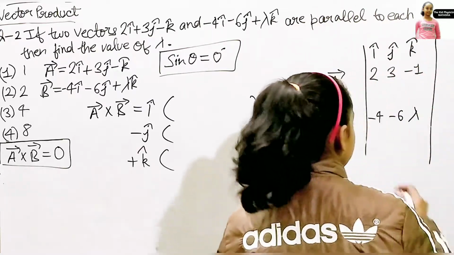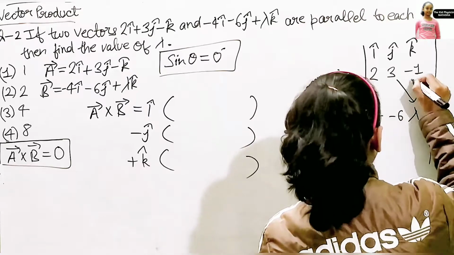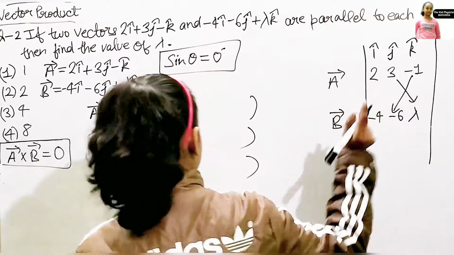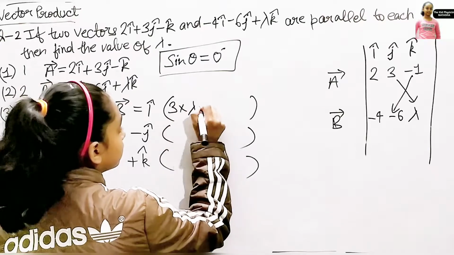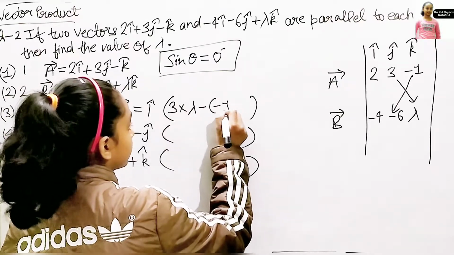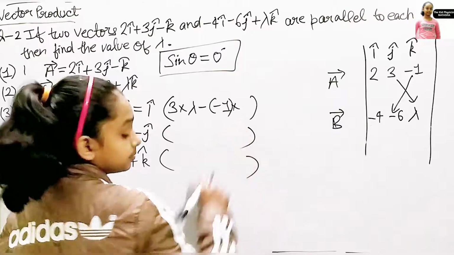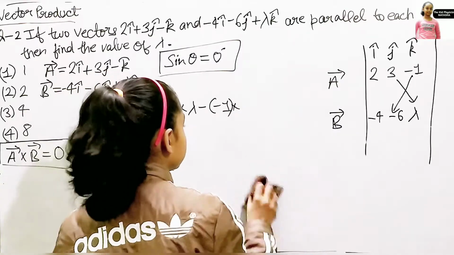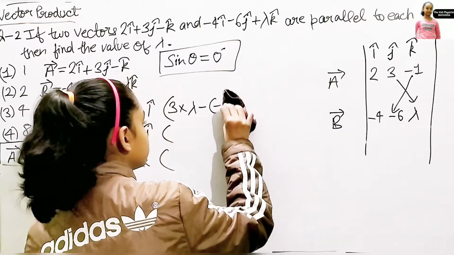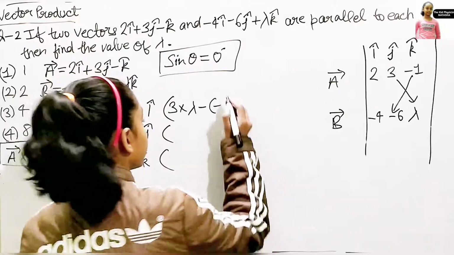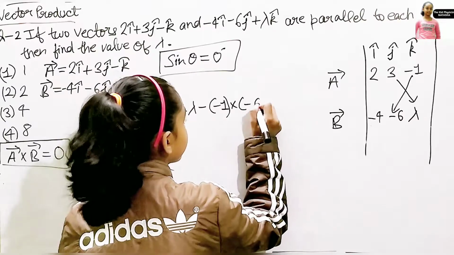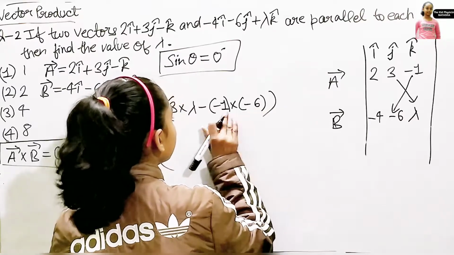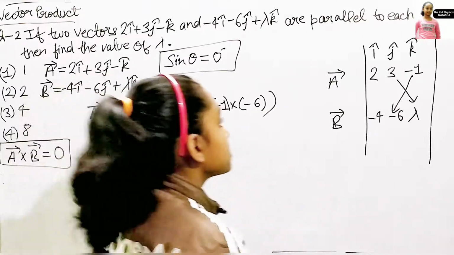What you will get is 3 into gamma, then minus 1 into minus 6. So 3 into gamma, then minus 1 into minus 6.